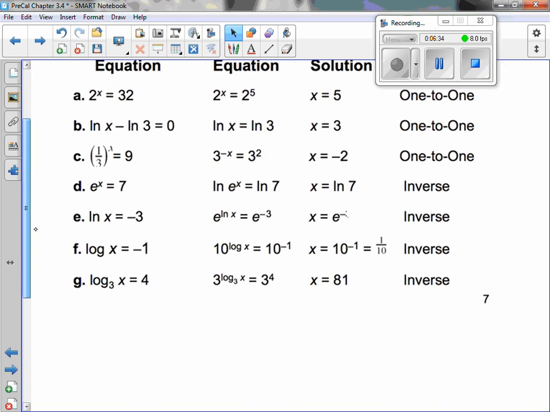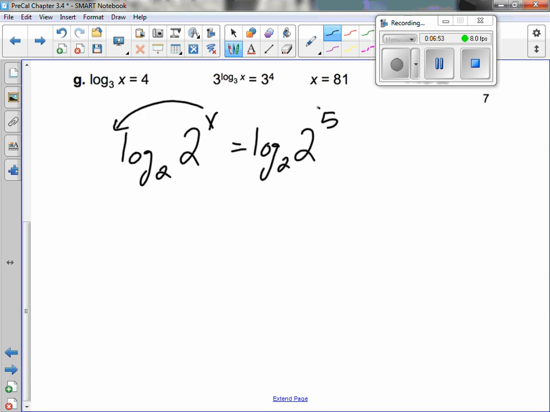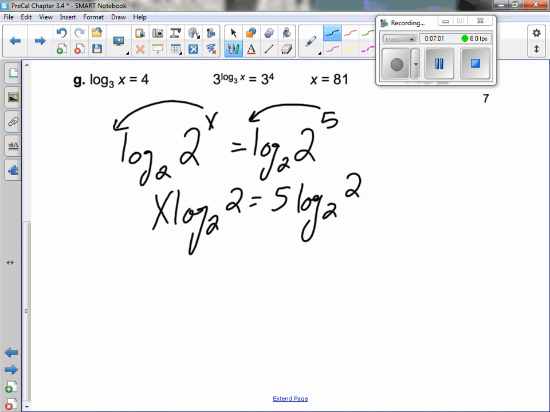2 to the x equals 2 to the 5th. So this is the first one we had, and we said x equals 5, yes? What happens if I apply log base 2 to both sides? Well, the x and 5 would come out front, yes? Log base 2 of 2 to the x is equal to 5 times log base 2 of 2.